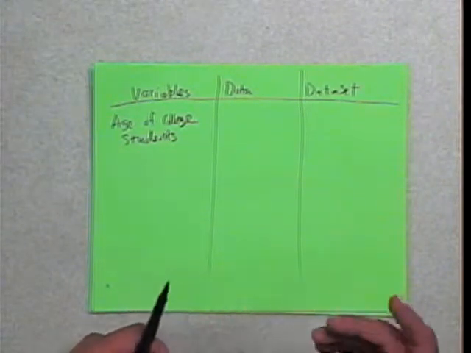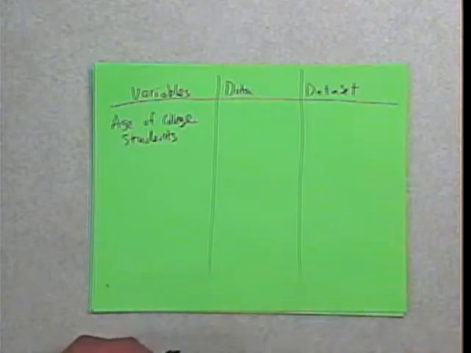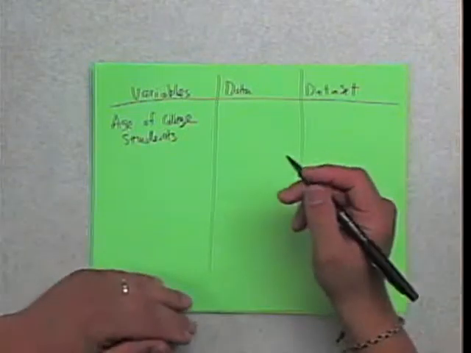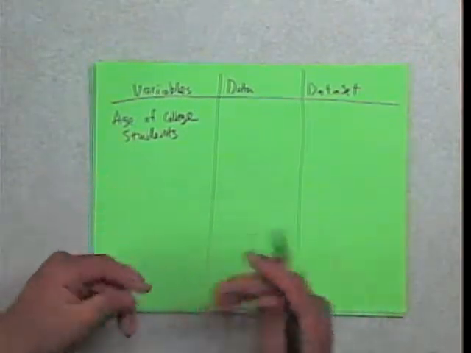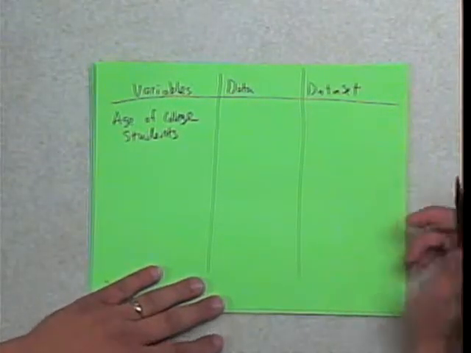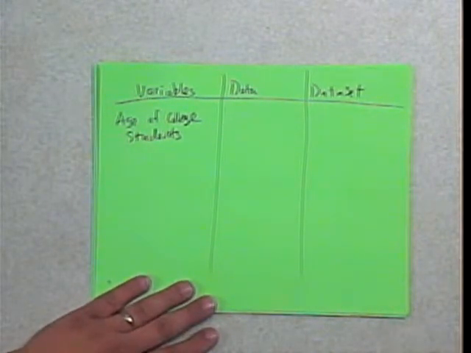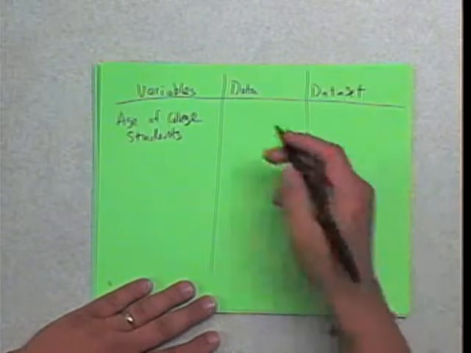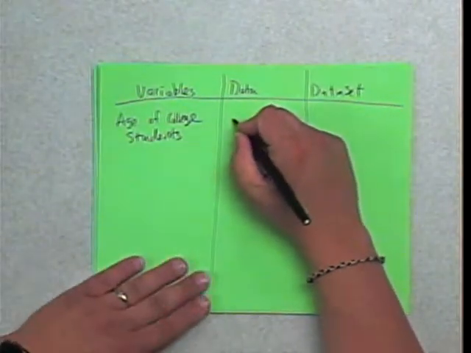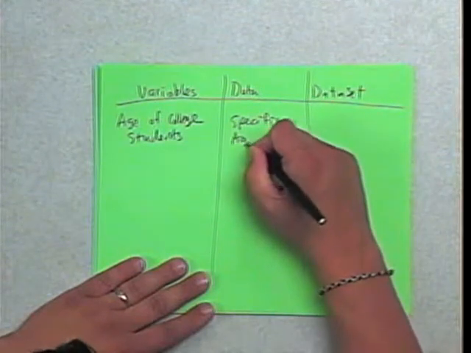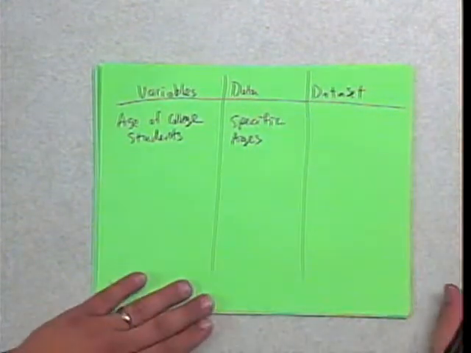Data would come if I actually go to a college student and I say, how old are you? And they say, I'm 18, or I'm 21, or I'm 27. Those values are the data, and you get it by observing the values of a variable. So the data would be specific ages that you would collect.